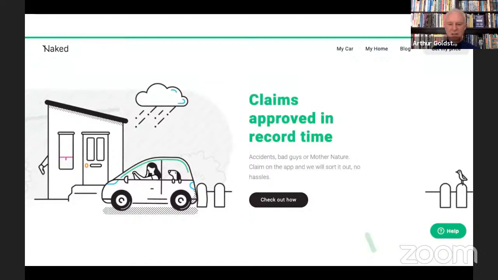Naked have taken it a lot further. They allow you to even pause your insurance. So this came into its own when lockdown began last year. They were the only insurance company that allowed people who had their cars parked in their garages to simply pause their accident insurance because they weren't going to be using their cars for the next few months.